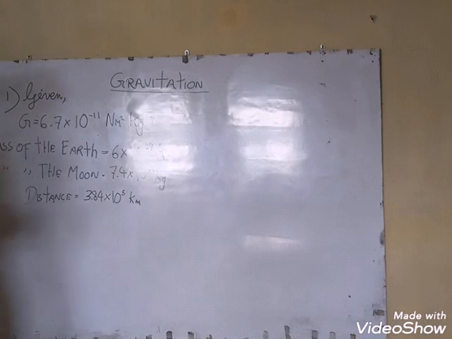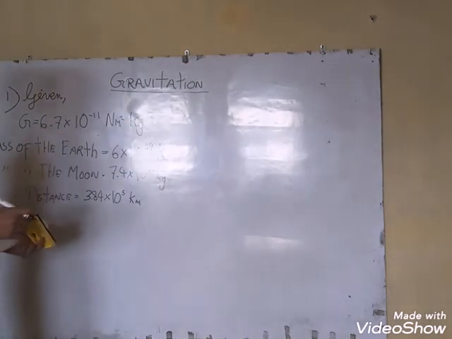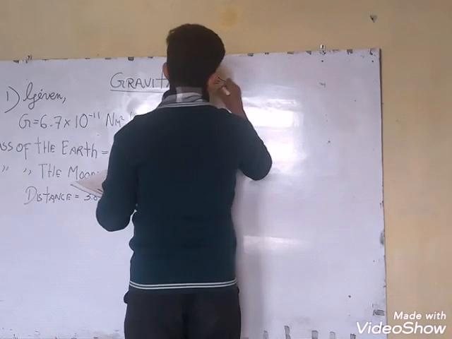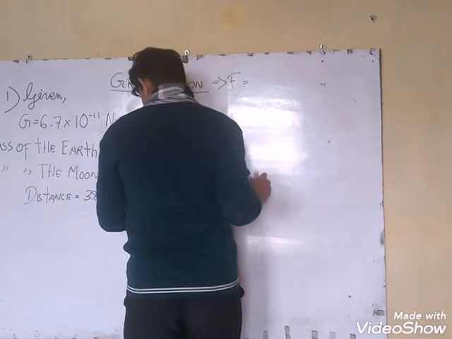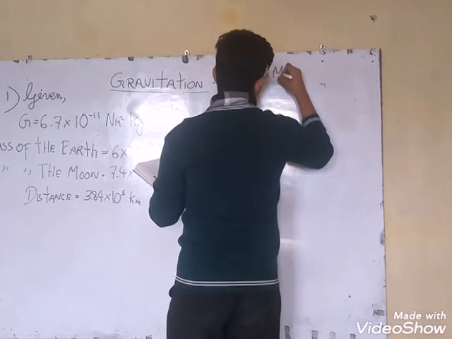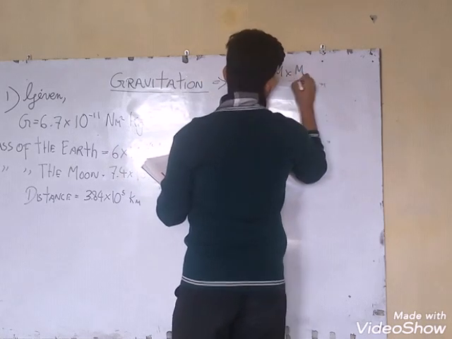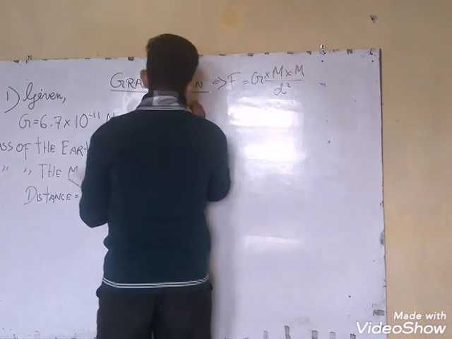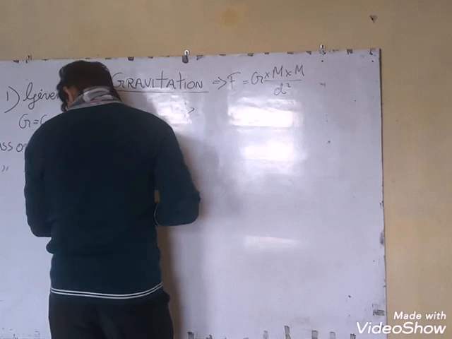So in this numerical, we're going to use the formula that I have said before, force equal to G multiplied by M multiplied by M divided by distance squared. So let's put the numbers.